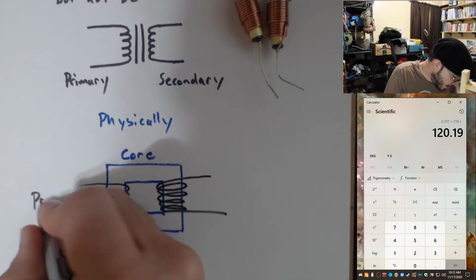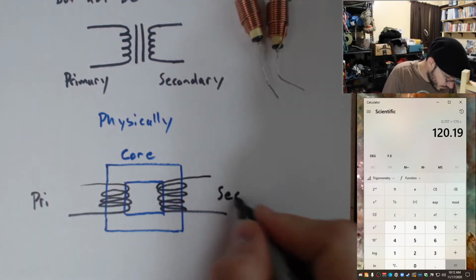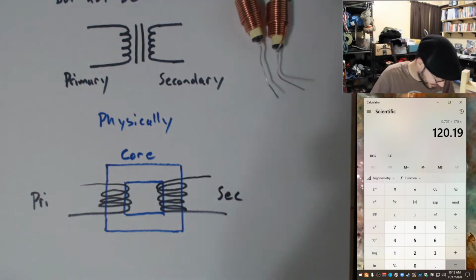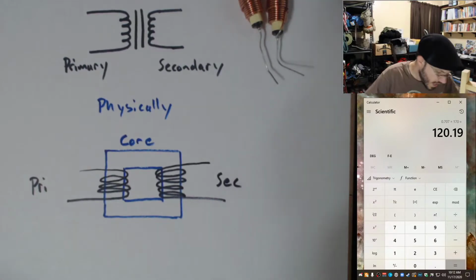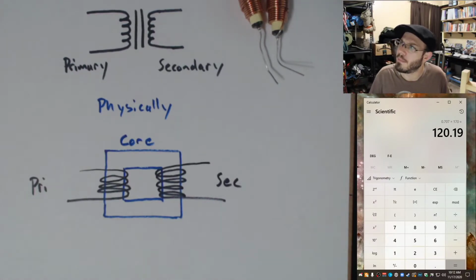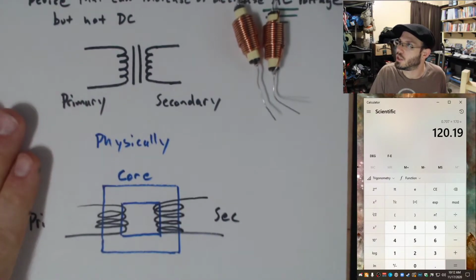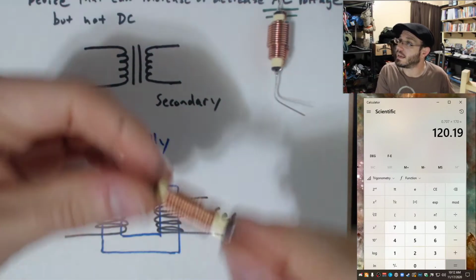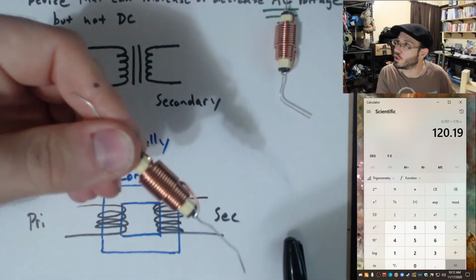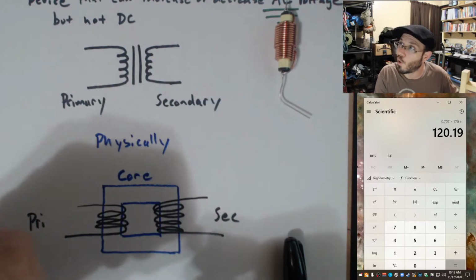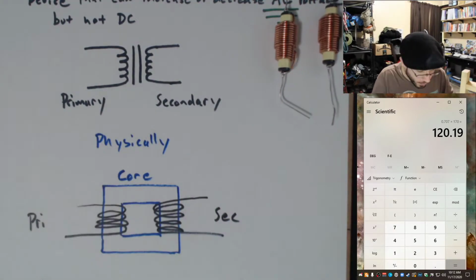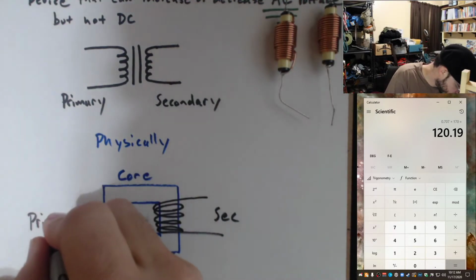We have a primary, and we have a secondary. Now, we do call this the primary windings. Just as though we were creating an inductor, how many turns do we have? Those are our windings, because you're winding wire around something.